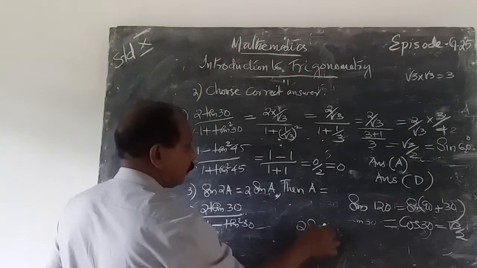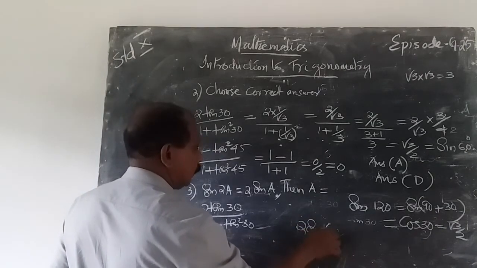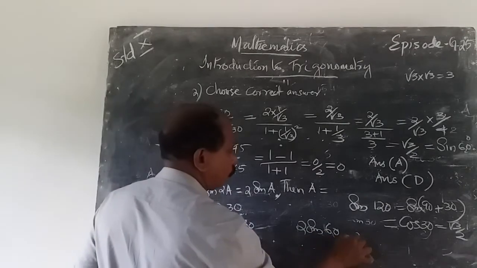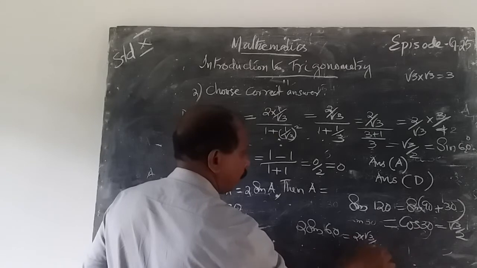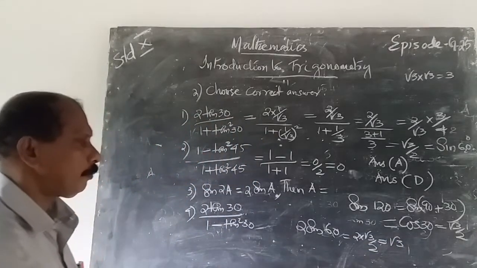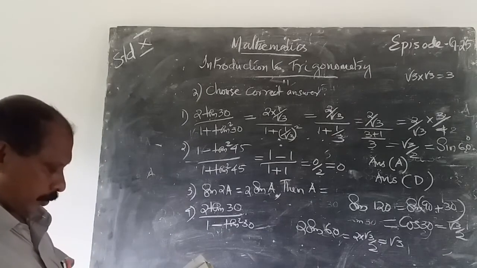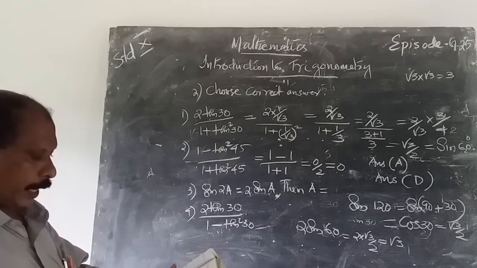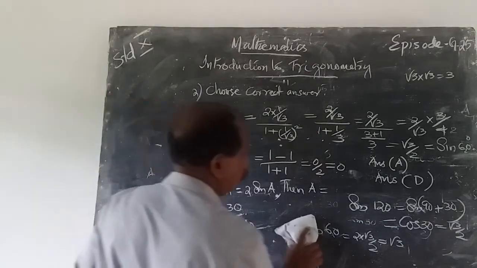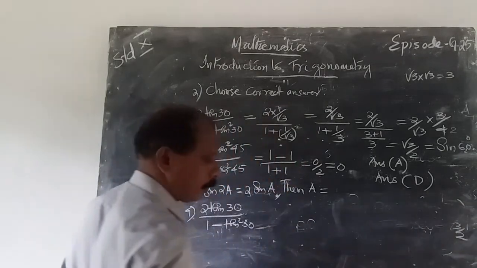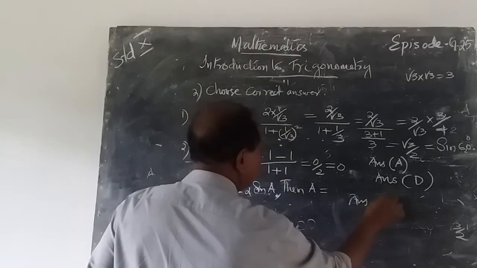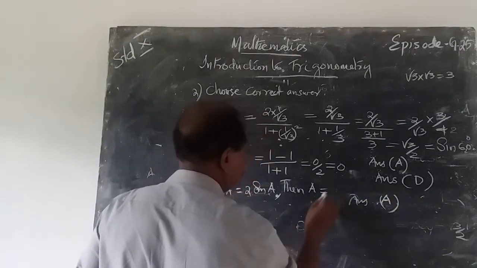Then 2 sin 60, that is A is 60, is equal to 2 into root 3 by 2, which is root 3. They are not equal. Therefore, the answer is 0 degree. The answer of the third question is 0 degree. Therefore, the answer is A, that is 0 degree.